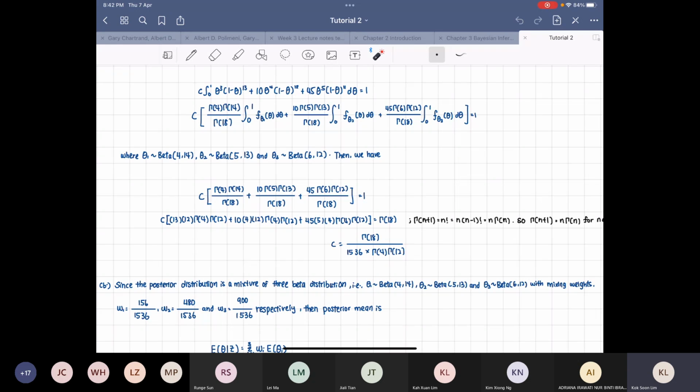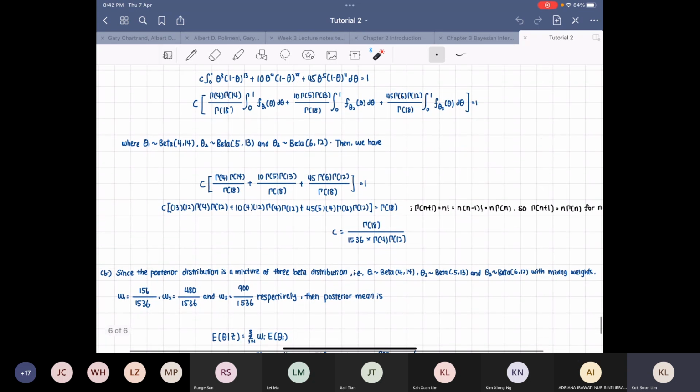So gamma 5 and gamma 6 we can make become gamma 4, and we have gamma 14, gamma 13, and gamma 12, so gamma 14 and gamma 13 we can make become gamma 12. Using the property of the gamma function, I can show the normalizing constant is equal to this one.